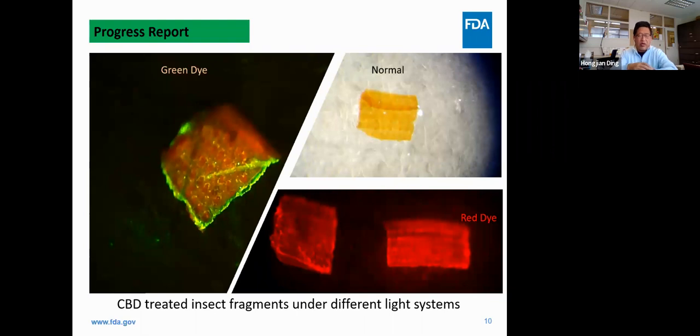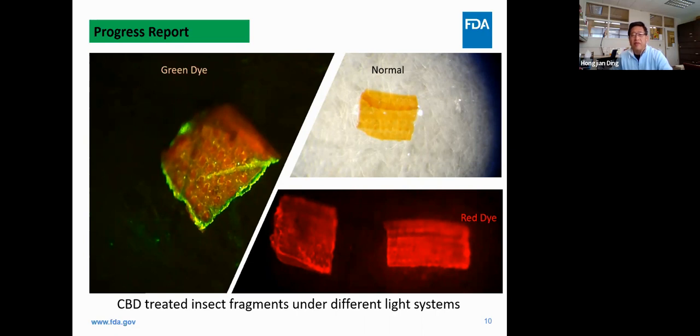So I will give you a progress report on this man-made electrode. We cut the electrode into squares, and these are under normal light. You can see it's an adult beetle electrode, and we treat it with the green chitin probe.